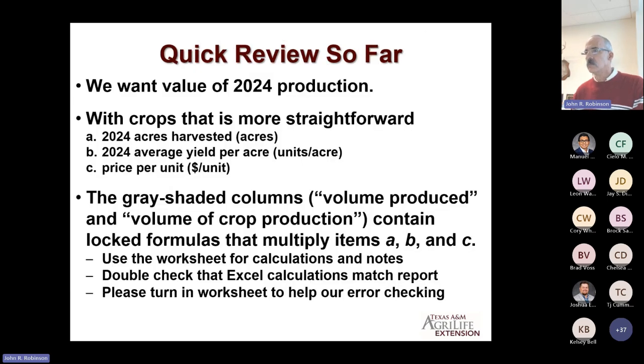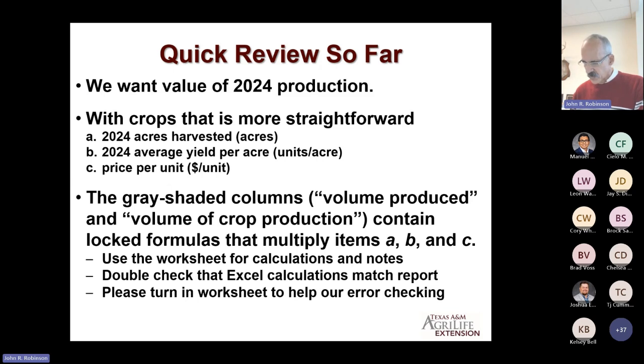Okay, so I'm kind of repeating myself on purpose. We're about the business of estimating production of crops and livestock and other things in 2024. For crops, because I go over this every year, it's straightforward to me.